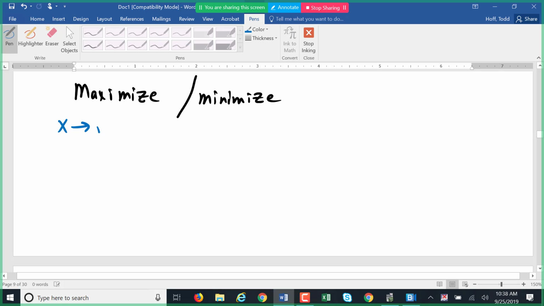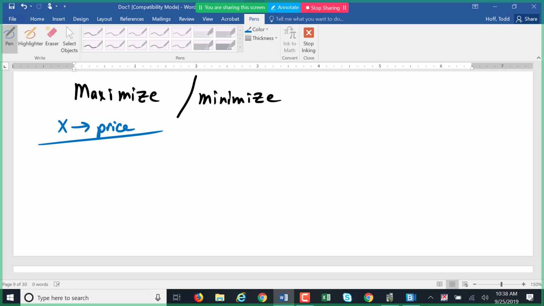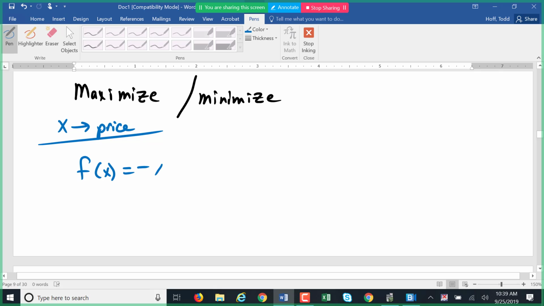So x equals the price, the unit price. And as the price increases, usually your profits increase until you hit a certain point where your sales start to drop because of the high prices. So we might have f of x, our profit function, equal to negative x squared plus 5x minus 6.